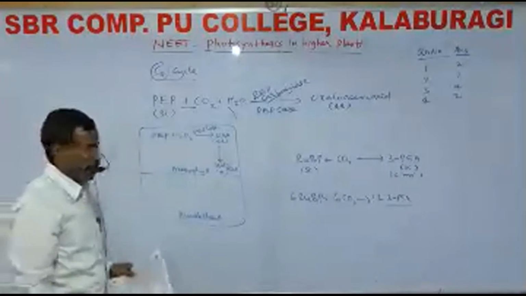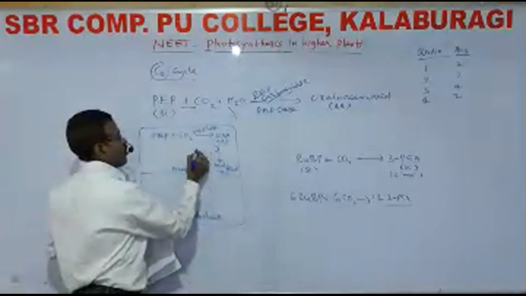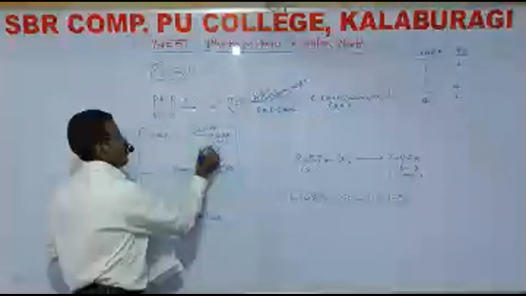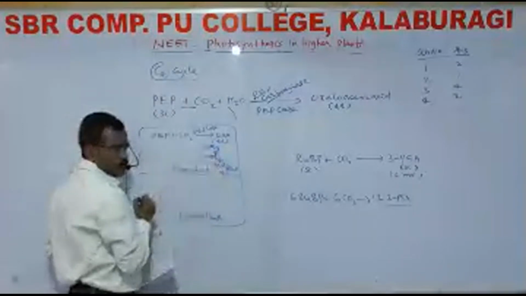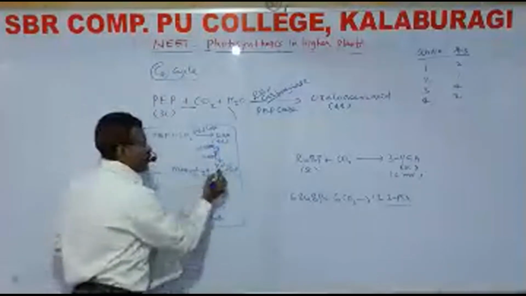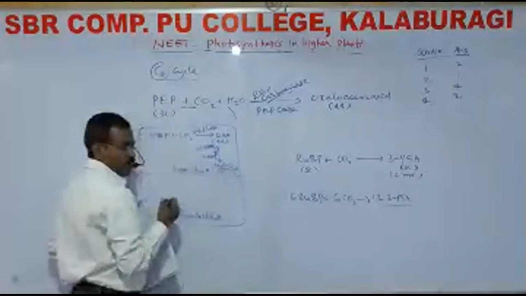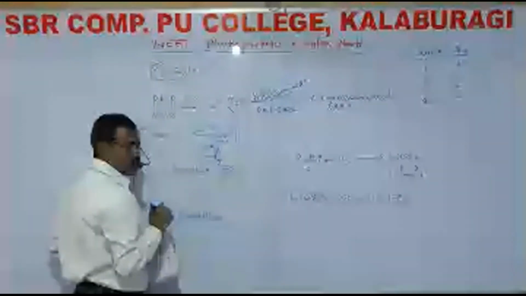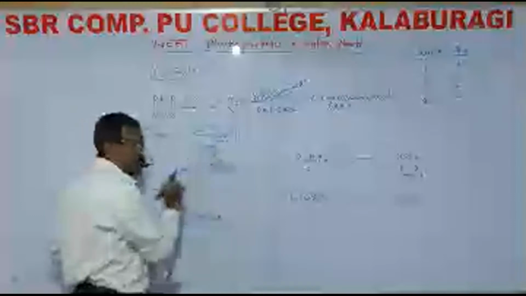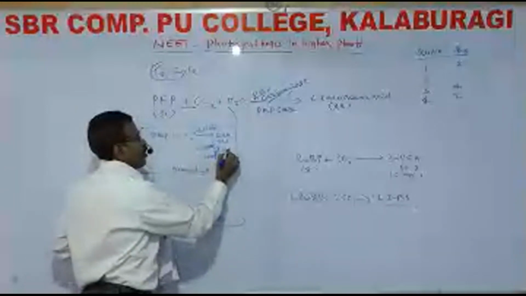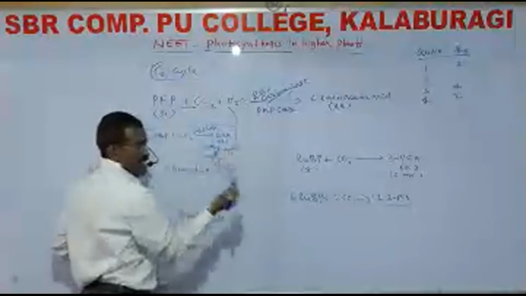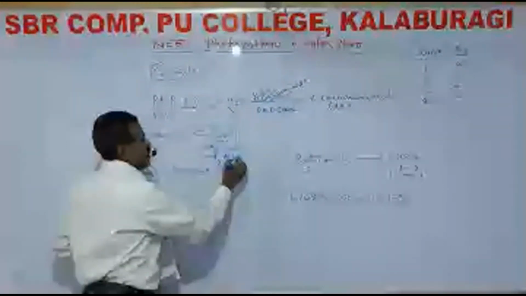Here there is utilization of reducing power NADPH2, and it produces NADP plus. So malic acid is obtained due to the reduction process, or you can get aspartic acid also. This is catalyzed by malic or malate dehydrogenase enzyme.